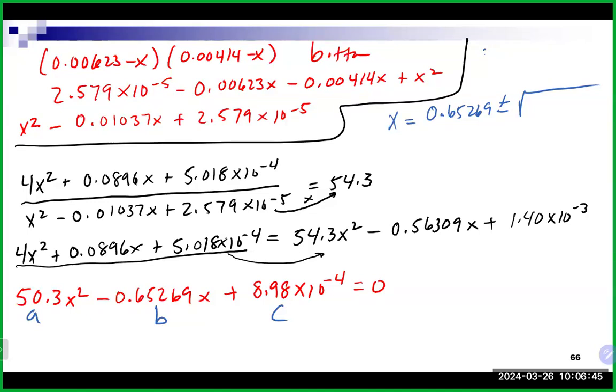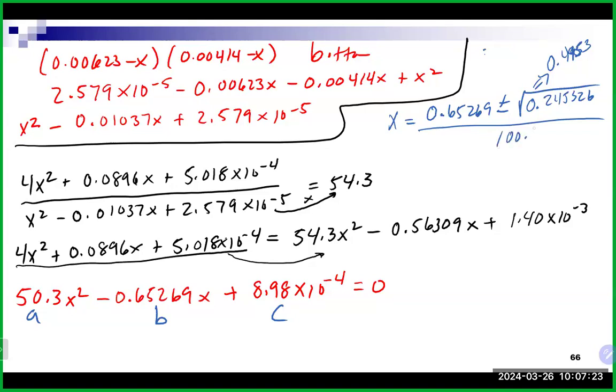I'm going to subtract 4 times A, which is 50.3, times C, which is 8.98 times 10 to the minus 4. That's going to give me inside the square root like 0.245326. Upon square rooting it, I'm going to get 0.4953.